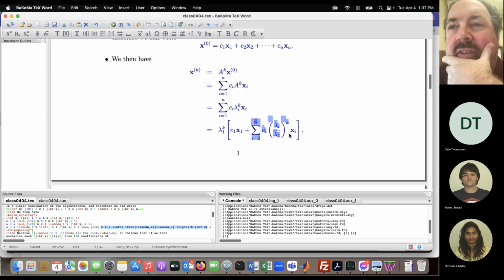So actually, if the geometric multiplicity is greater than 1, I think it would converge. Yeah, it should converge in that case.